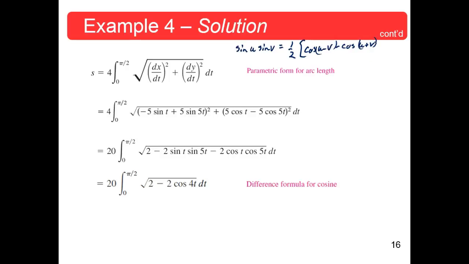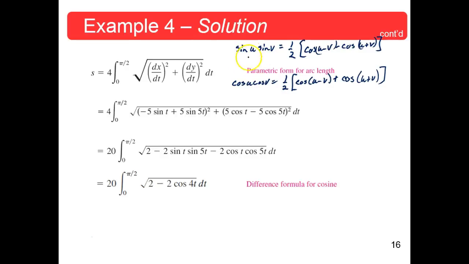And the cosine u cosine v is equal to 1/2 cosine u minus v plus cosine u plus v. Okay? Now, that said, let's put in our t and 5t instead of u and v.